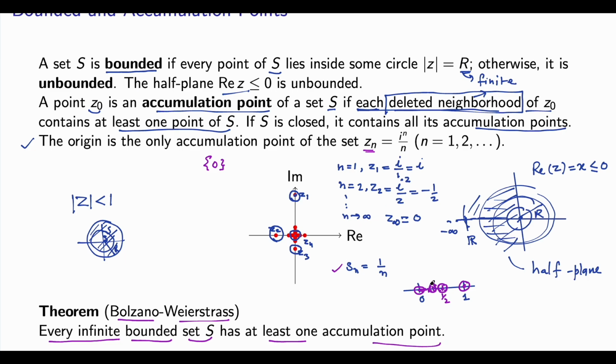If you see this set, let's say this set is an infinite set, also bounded between 0 and 1, right? The bounds are 0 and 1, so this set is bounded. An infinite bounded set has at least one accumulation point, and we got 0 as the accumulation point for this set. So it means this statement of the theorem is true.